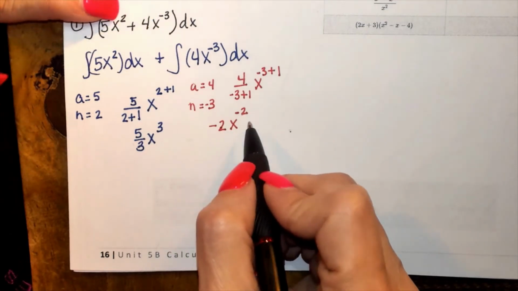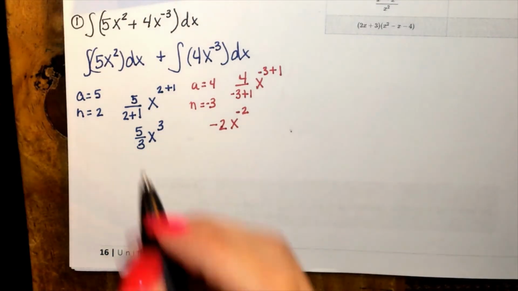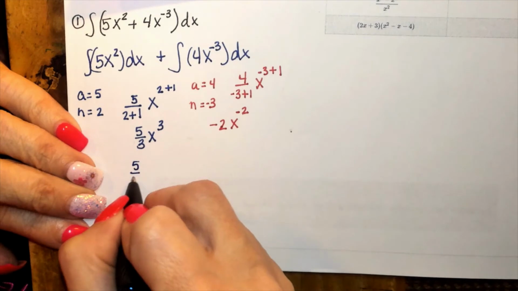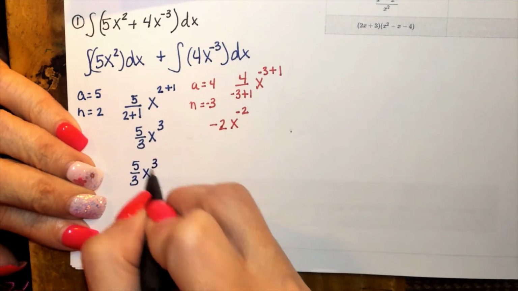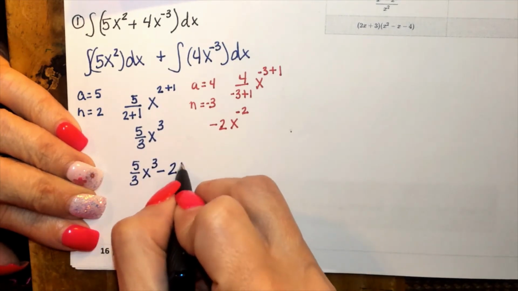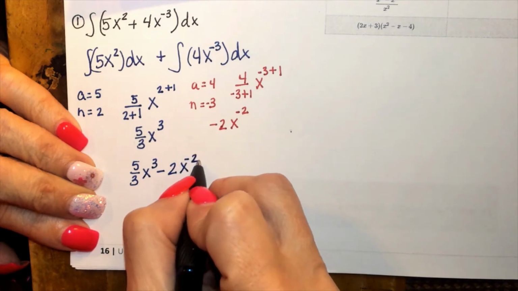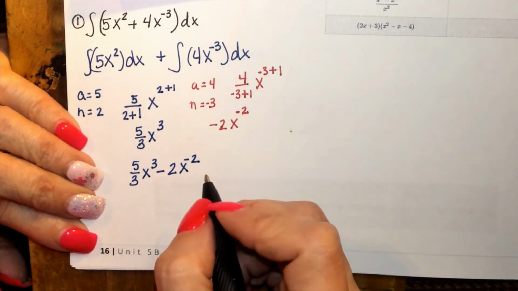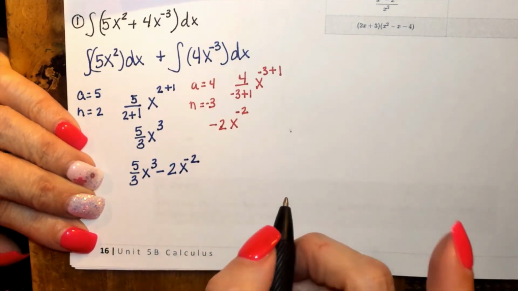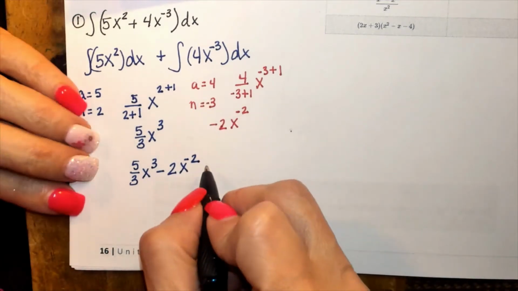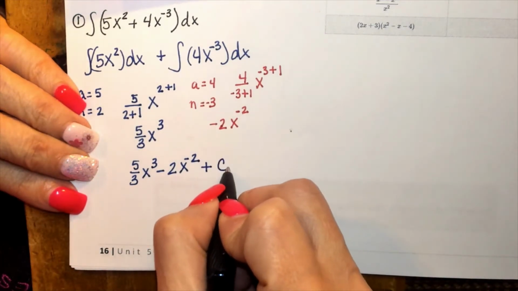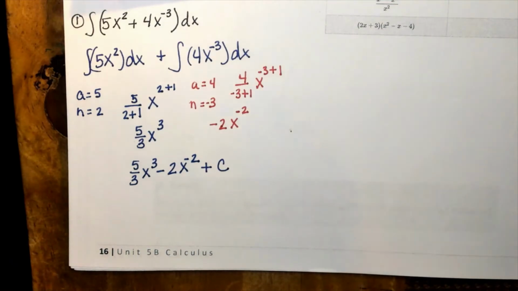So it did integrate. So here's what I need to do. I need to take 5 over 3 x to the third minus 2 x to the negative 2. That's the integral, but I need to remember when I integrate those, there could have been a constant over there.